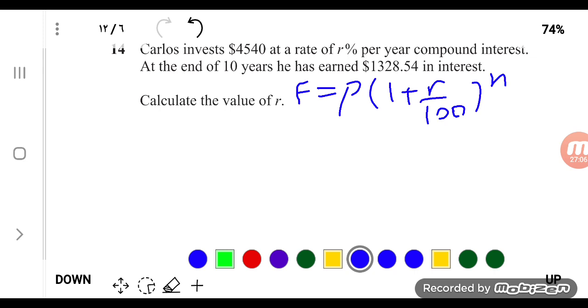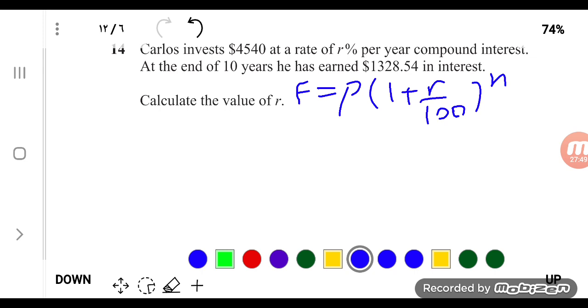Now here F is the final amount or future value, P is the present value, R is the percentage, and n is the number of years. Now here P should be plugged 4,540, and then you have to add 1328.54 plus 4,540, then to calculate the value of R.